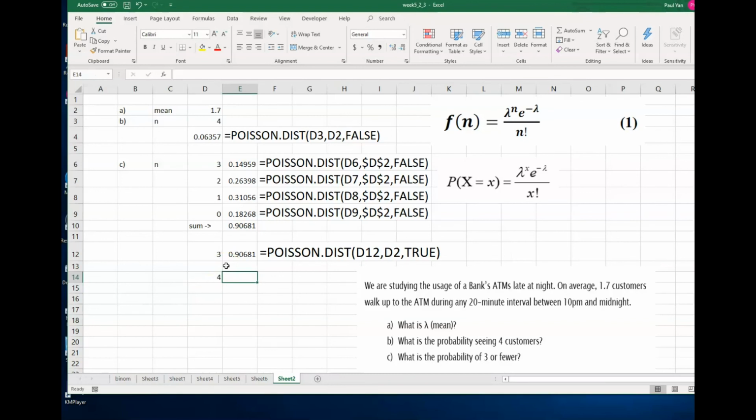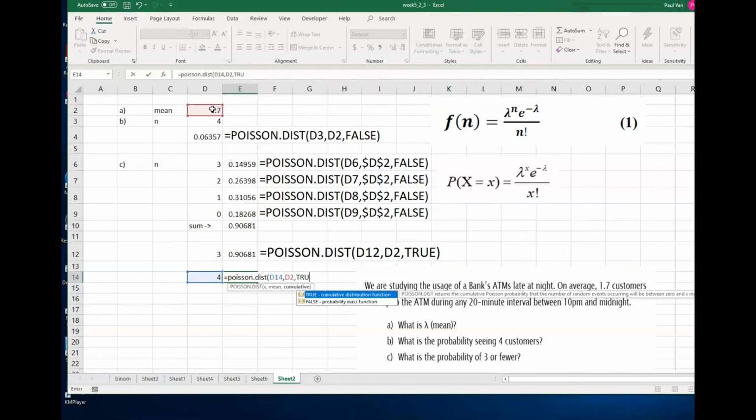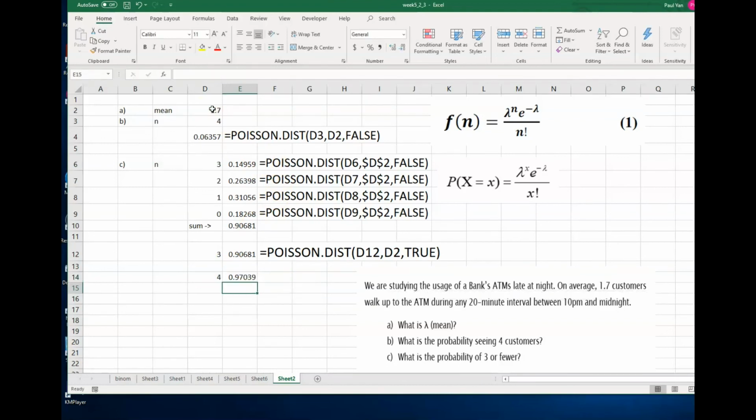Suppose we have 4. What is the cumulative? So let's type again. POISSON.DIST, x is 4, mean, true. True gives 97%. Show formula.